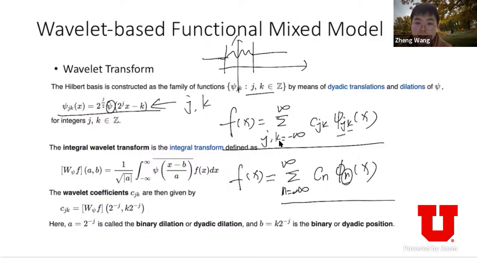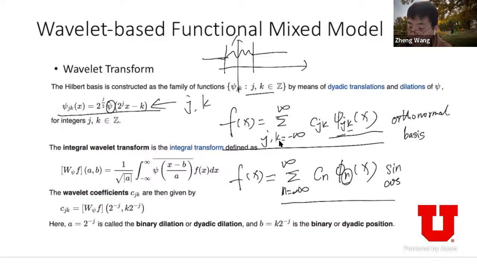Both transforms are just using some orthonormal basis. And in the Fourier transform, it's just sine function and cosine function. And in wavelet transform, it's some predefined functions obtained by doing the translation and dilation.